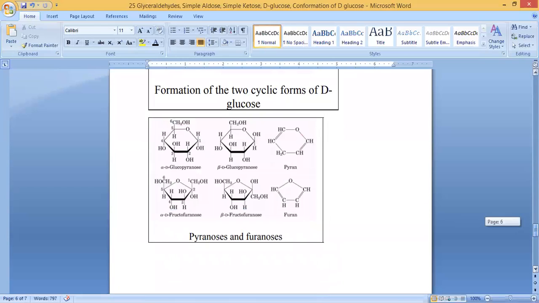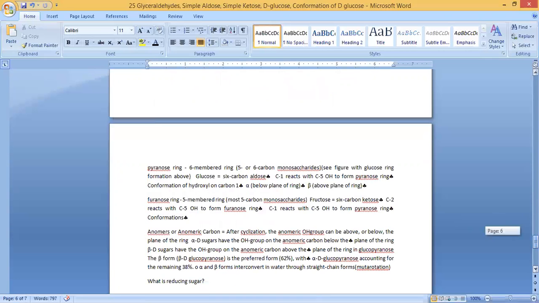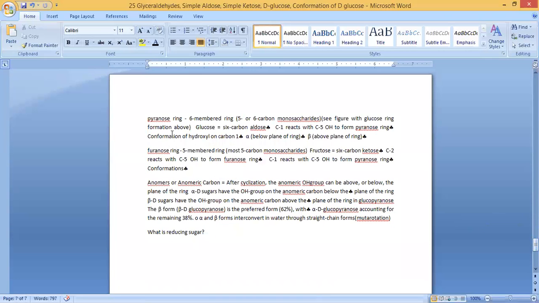Okay. So the 6-carbon monosaccharides are converted into the pyranose, that is the 6-member ring, and fructose is converted into the furanose ring, the 5-member ring. Okay, so what is the pyranose ring and furanose ring? The pyranose ring has a 6-member ring.